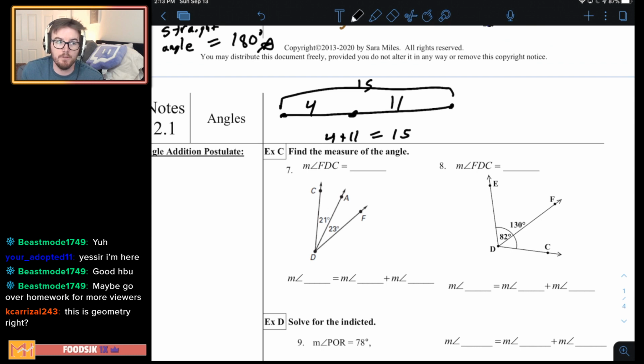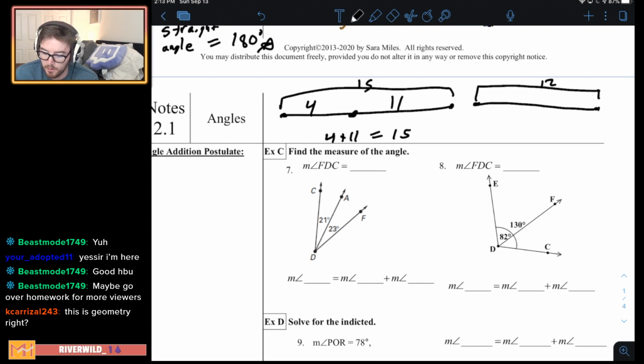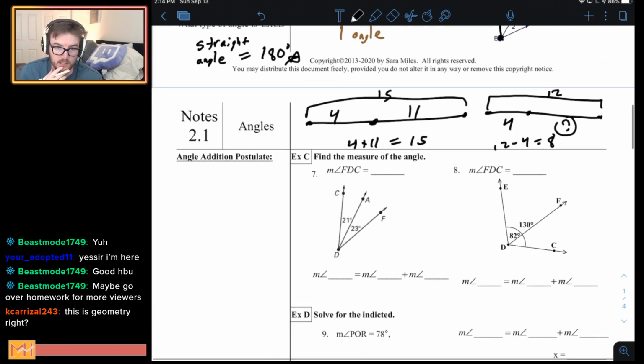It was really that straightforward, right? Or I could go the other way around and say the whole thing is 12, and this piece is 4. How long is this one? Well, 12 minus 4, that means the remaining piece must be 8.